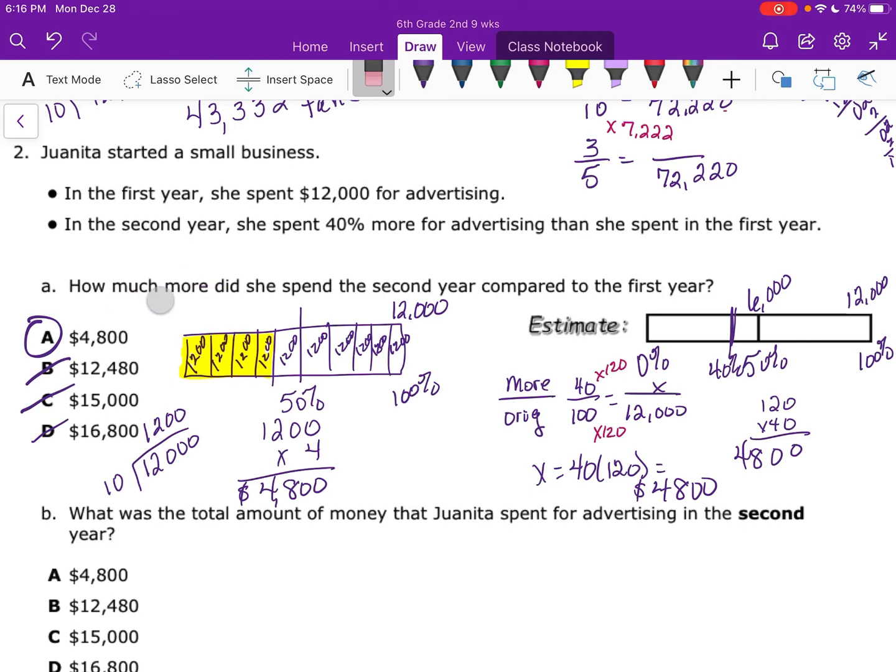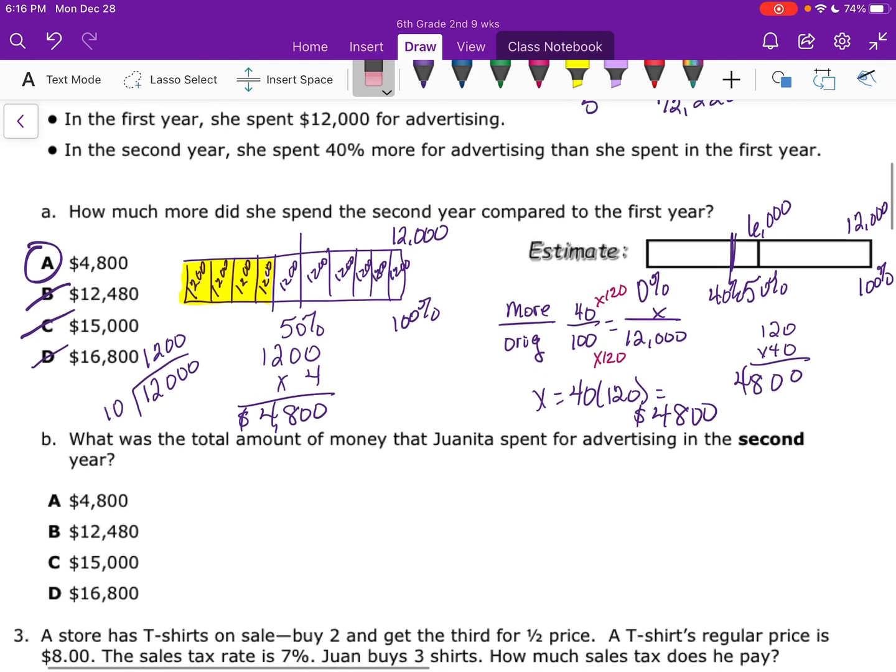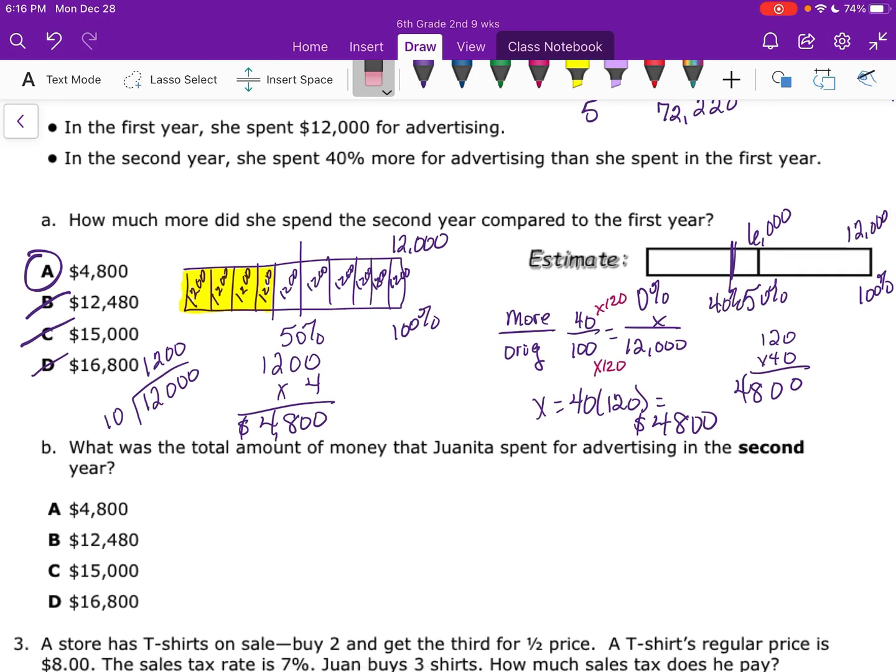Now, they could have asked us this question, how much more? Or they could have asked us, what's the total amount of money she spent in the second year? So our first step would have been to figure out the 4,800. Our second step would have been to figure out the total amount. Right? So the total amount she would have spent the second year would have been the 12,000 she spent the first year plus the increase that she increased.